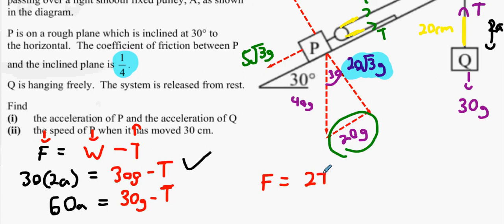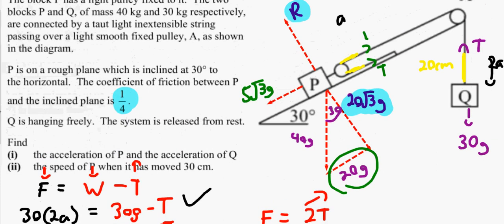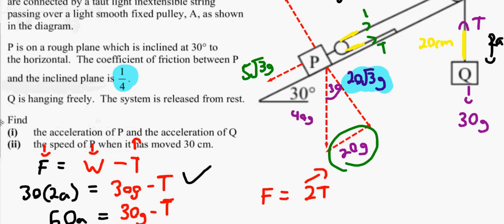2 times the tension, moving it diagonally upwards. Anything else move it diagonally upwards? No. Anything move it diagonally downwards? 20g. Anything else move it diagonally downwards? 5 root 3g. What can I change the F into? 4a, exactly, yeah.